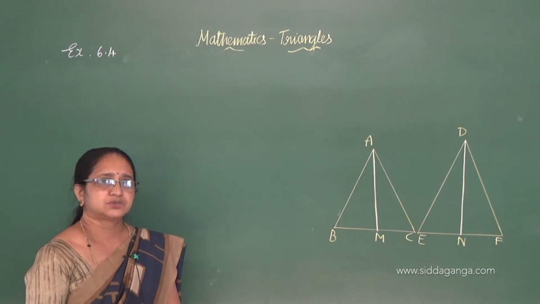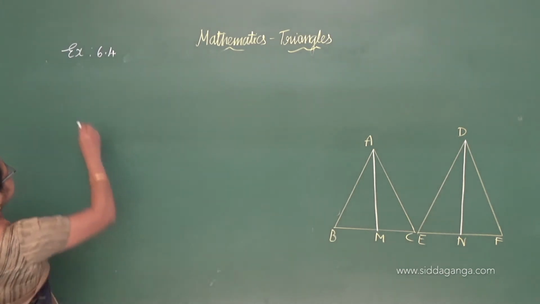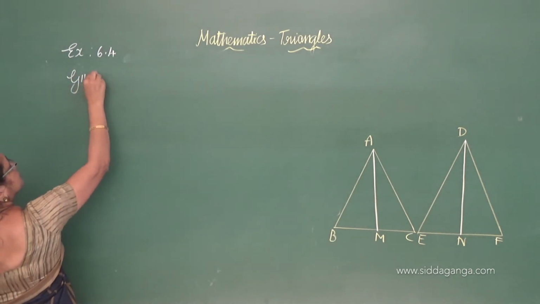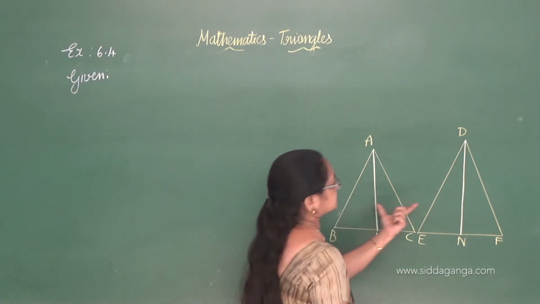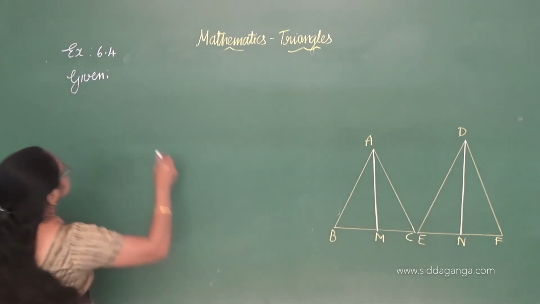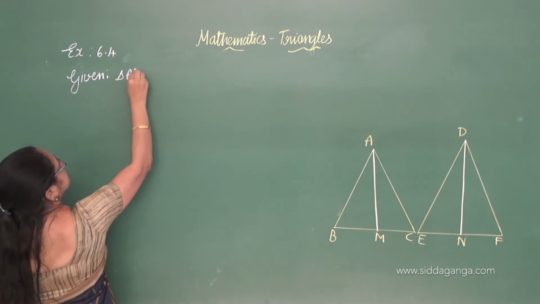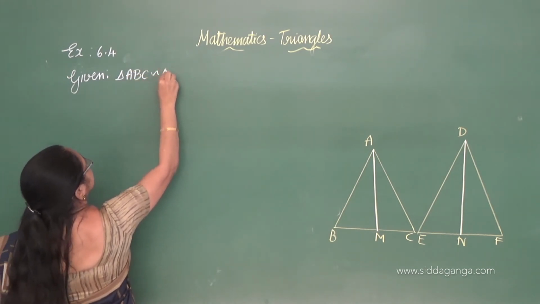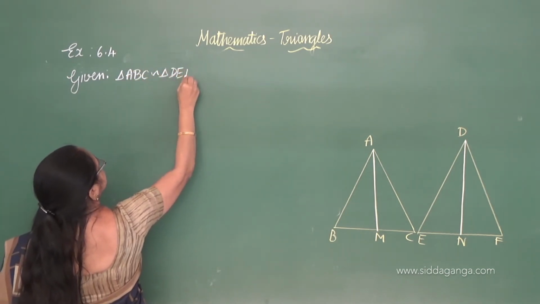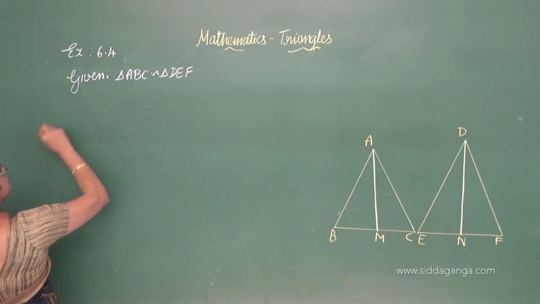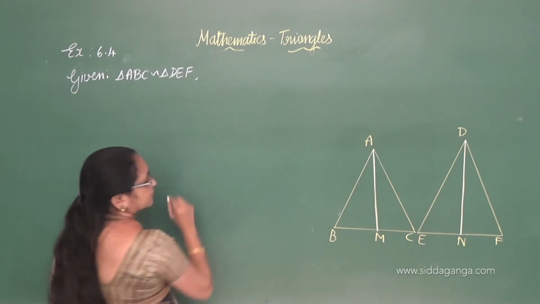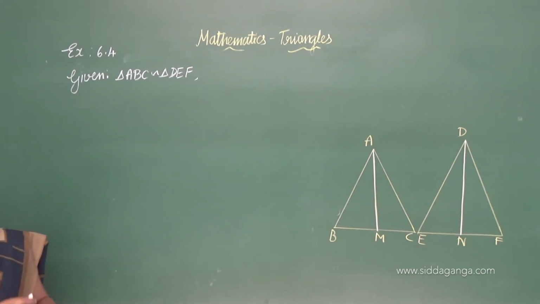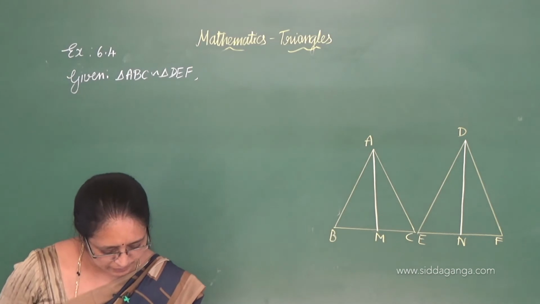I hope you understood. So first let me write what is given and then we will write to prove. So what is given? So they have given that these two triangles are similar. So I can use that triangle ABC is similar to triangle DEF. They have given already. Then medians.